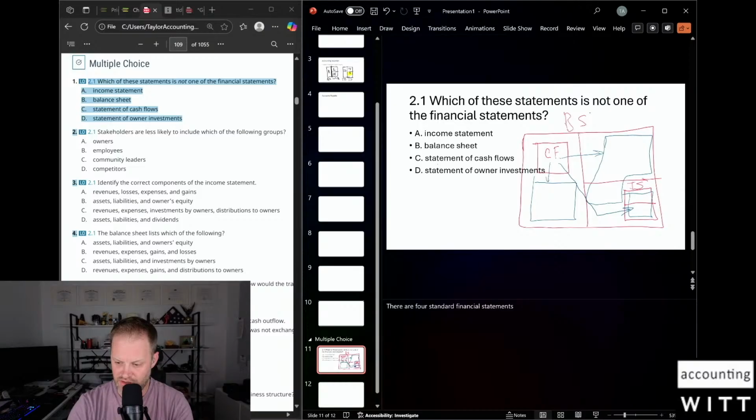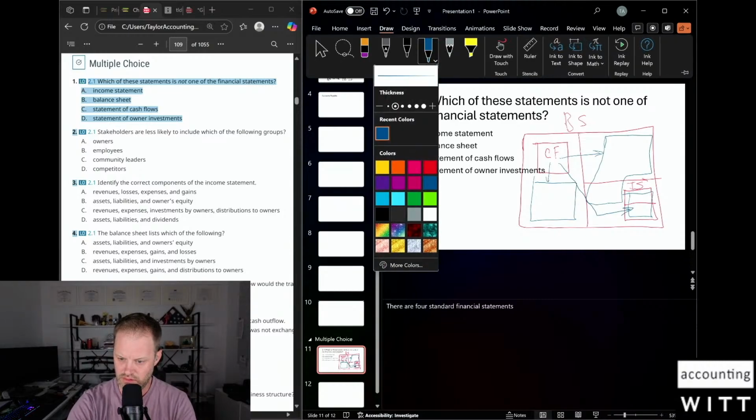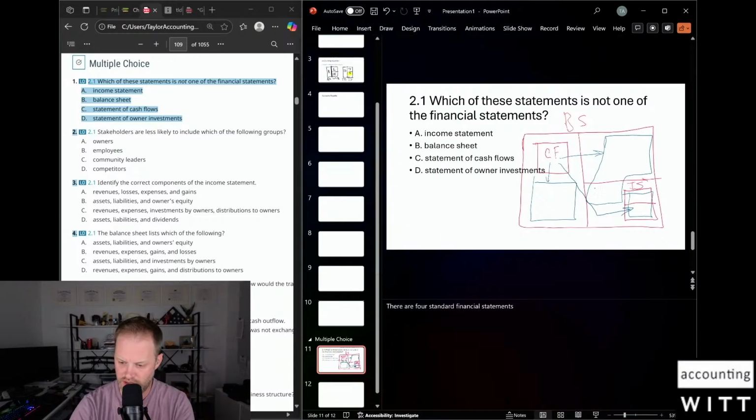So we've got the balance sheet, we've got the income statement, and then what color was I doing? And then you've got a statement that's talking about the entire stockholders' equity.